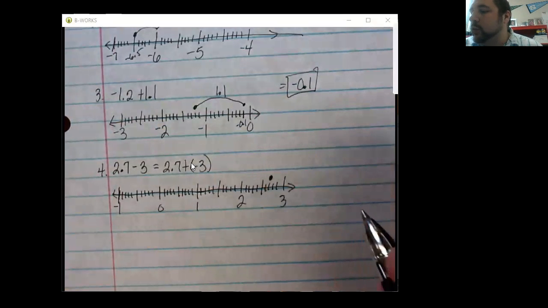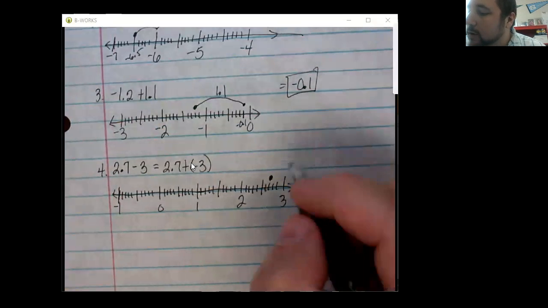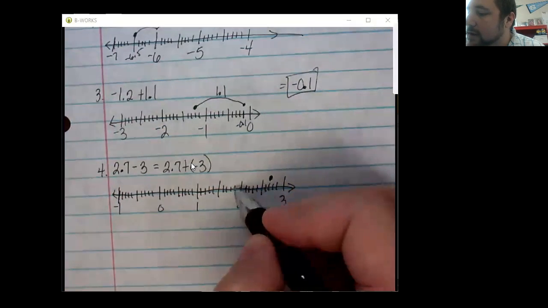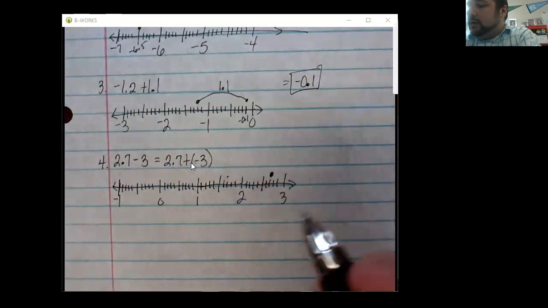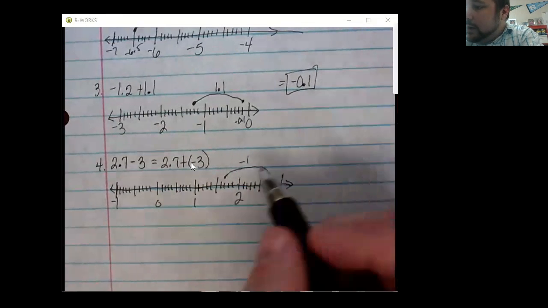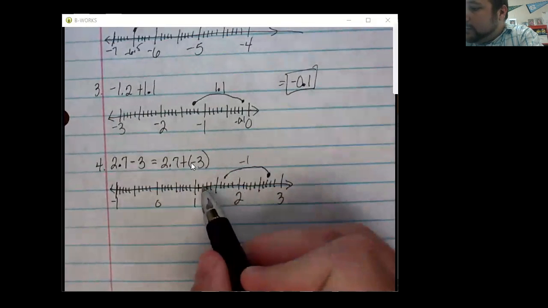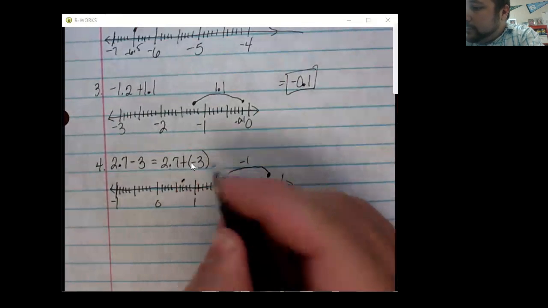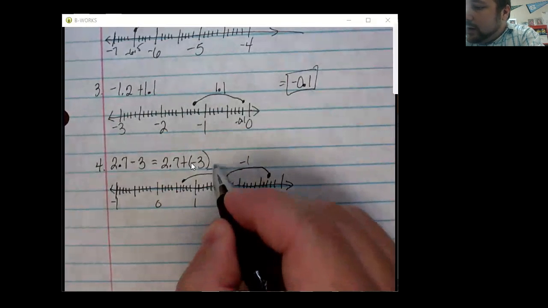So now we're going to go 3 whole numbers to the left. If I go 1 whole number to the left, that's 10 lines. 1, 2, 3, 4, 5, 6, 7, 8, 9. There's 1 to the left, which would be -1. 1, 2, 3, 4, 5, 6, 7, 8, 9, 10. There's another -1.